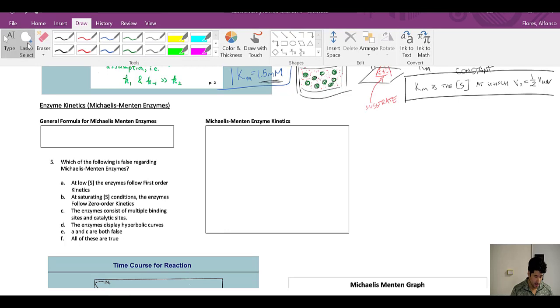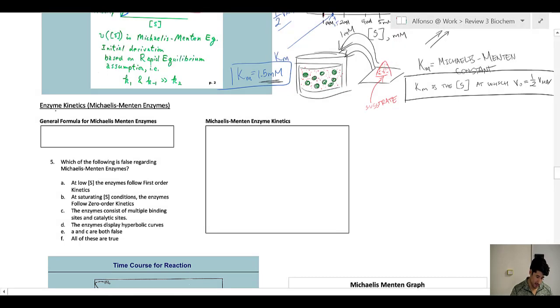Oh, okay. So enzyme kinetics, Michaelis-Menten enzymes. The general formula is enzyme plus substrate forms what? The enzyme substrate complex, and then this forms enzyme plus product.